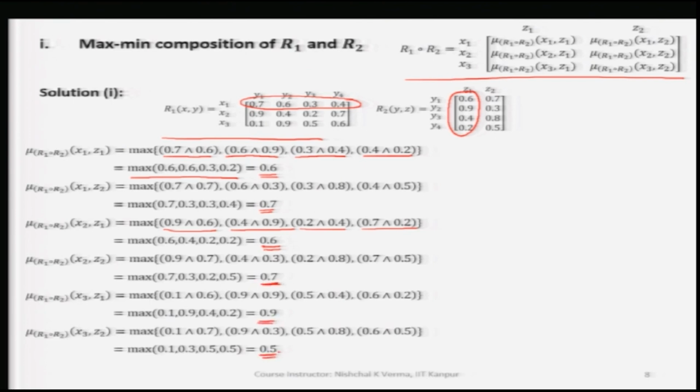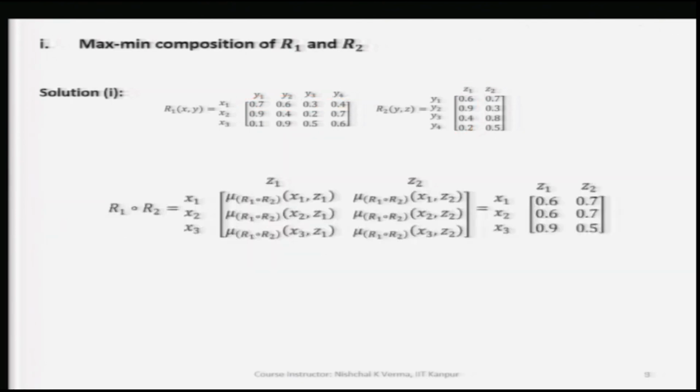Now, when we have found all these max min values, let us arrange them, and when we arrange them we get a matrix as a result which is of 3 cross 2.